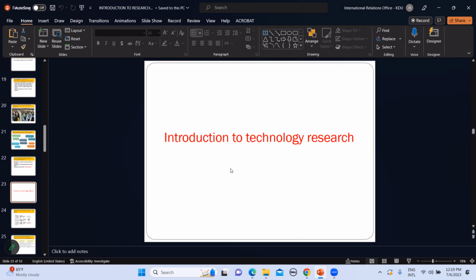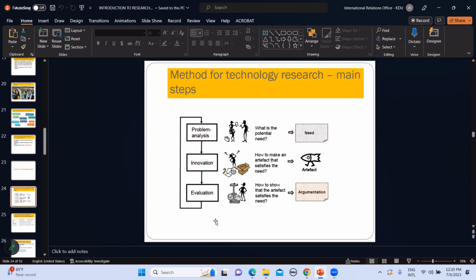Now I am going to tell you, this is not science, this is not engineering, okay? This is technology. Then you have to know what you mean by technology research, right? Because you are supposed to do technology research. You look at the method for technology research.